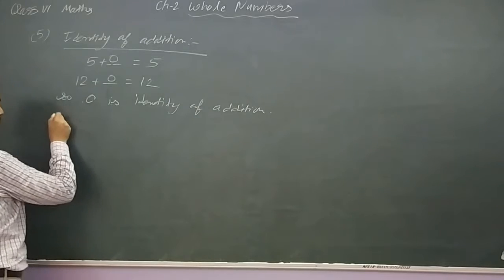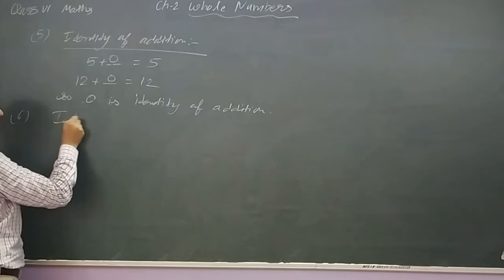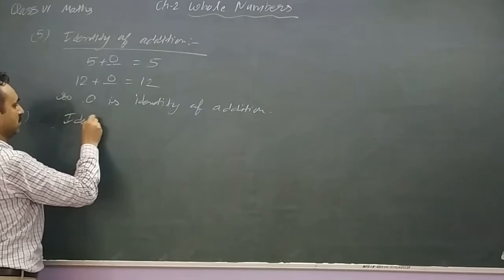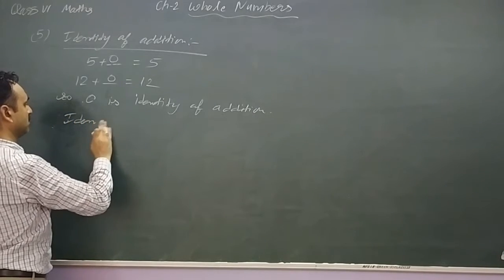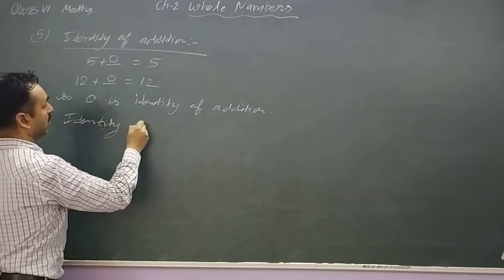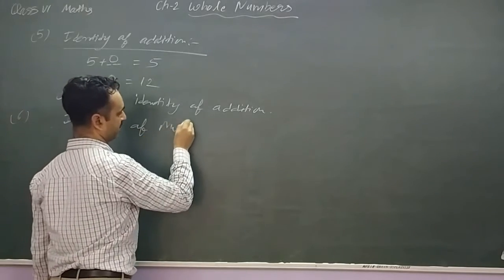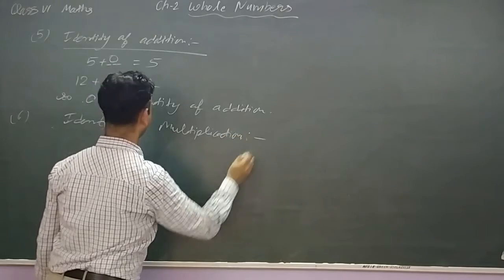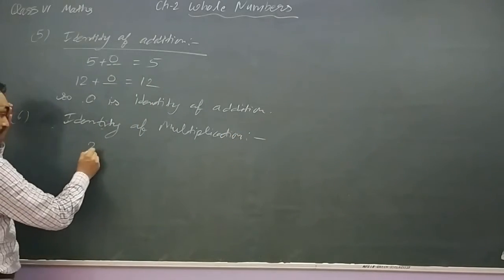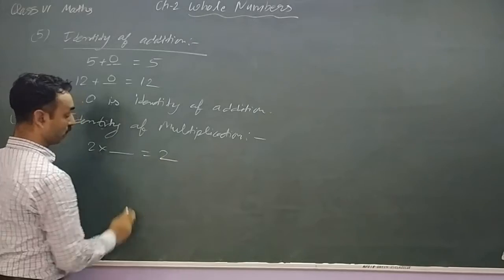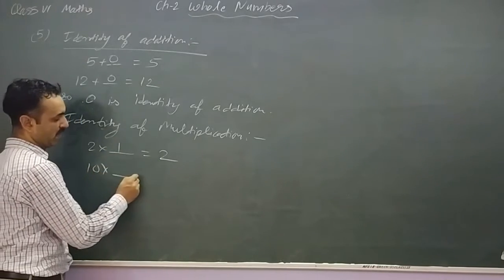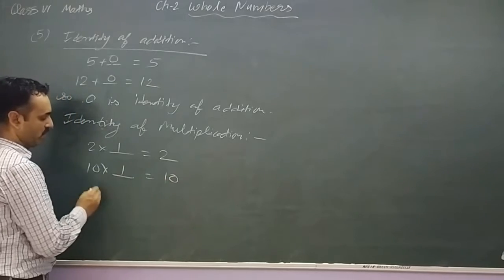Now the sixth, identity of multiplication. What can we multiply 2 by to get 2? What can we multiply 10 by to get 10? 1.